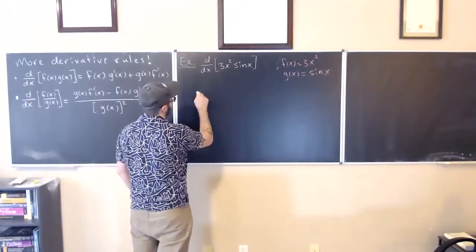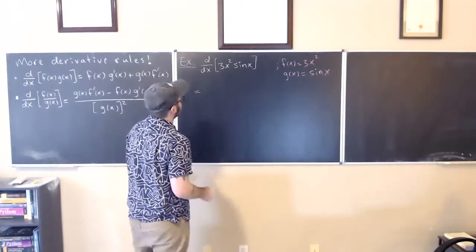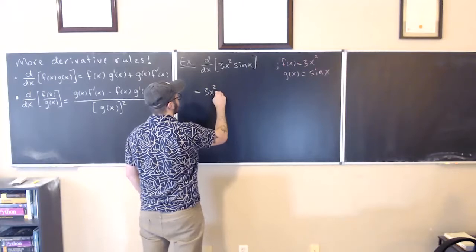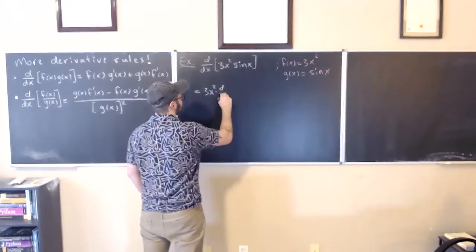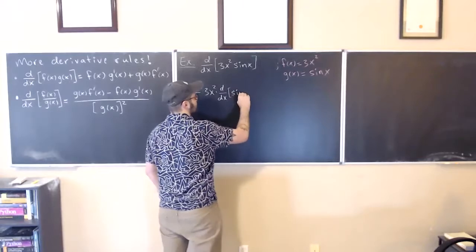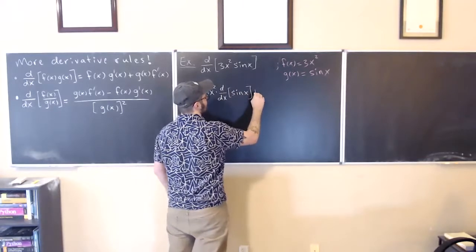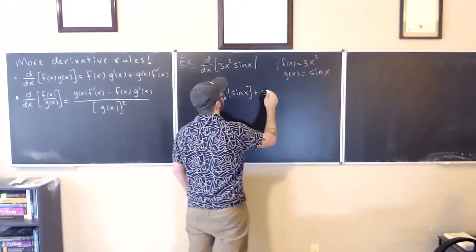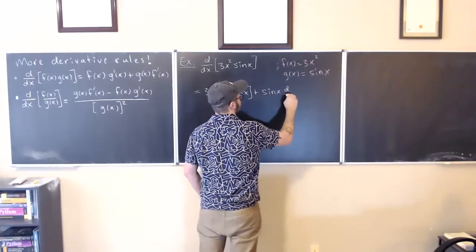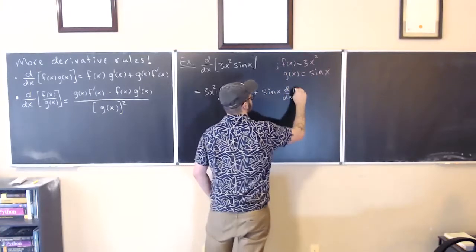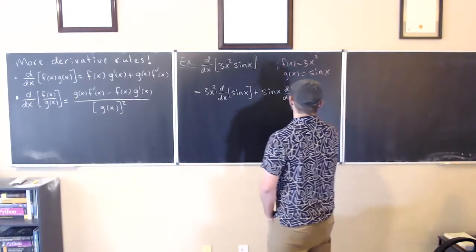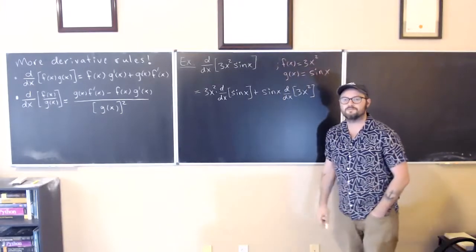So what this is going to be is 3x squared times the derivative with respect to x of sine x, plus sine x times the derivative with respect to x of 3x squared. Okay.